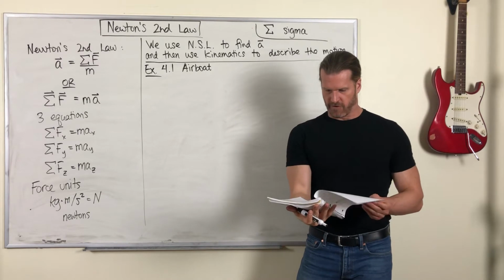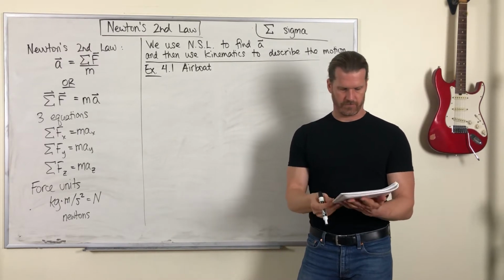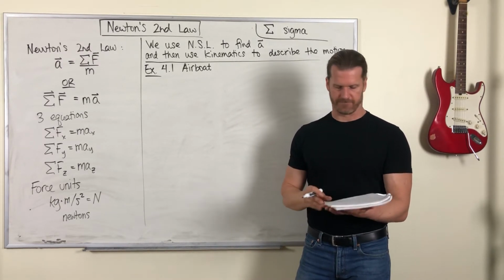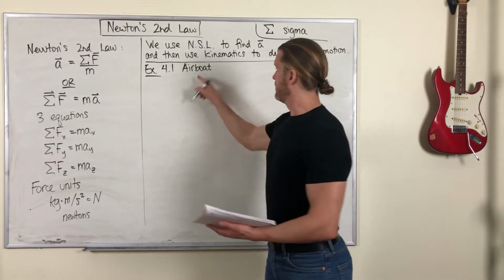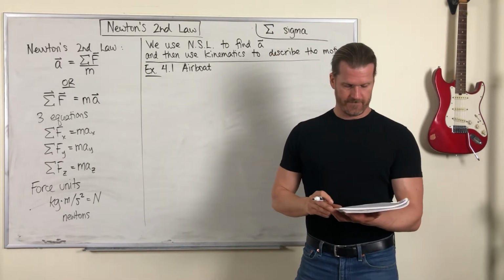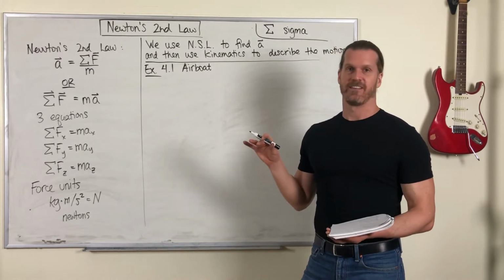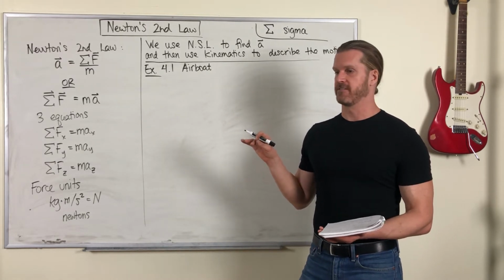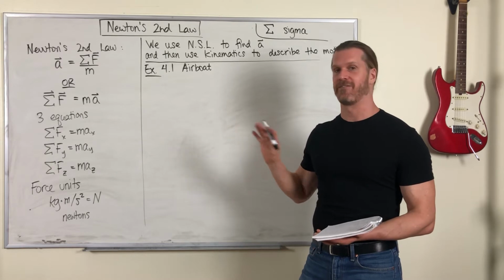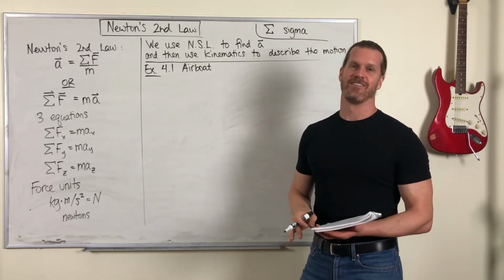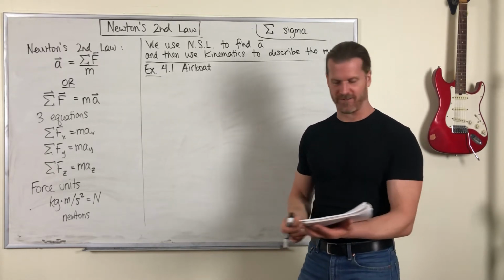These examples are from your textbook. This is example 4.1. Imagine that you have a boat. It's an airboat, so it works by having a fan on the back, and that fan blows air behind it to propel it forward.